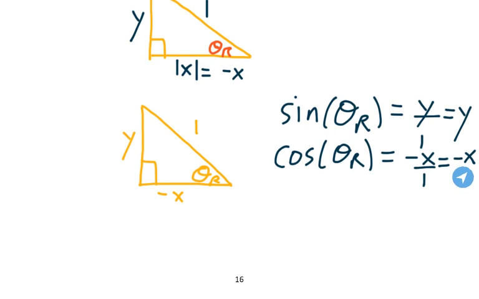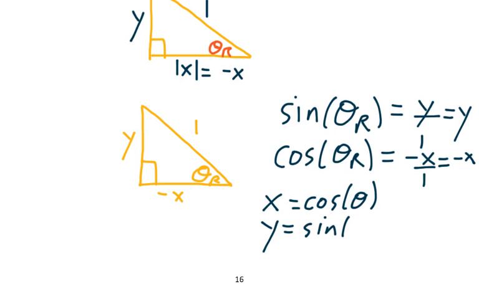But if you also remember by definition, x is also cosine of theta, and y is sine of theta. So really what we have up here is sine of theta sub r is equal to sine of theta.